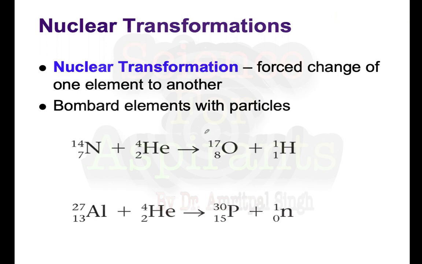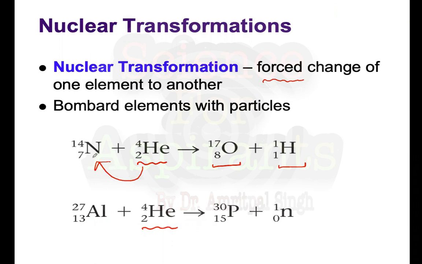That is known as nuclear transformation. We do these reactions forcefully by striking bombarding particles at the parent nucleus. Here you can see an alpha particle being shot at nitrogen and it is converted into oxygen plus proton.